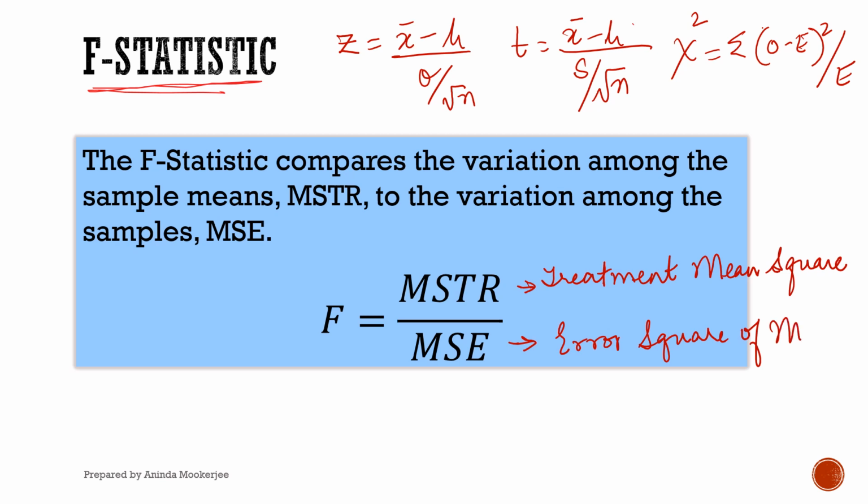Now, MSTR has its own formula, and so does MSE. To find MSTR, we have to run through another formula, and likewise for MSE, we have to run through another formula to first find MSE, and then we can do the division MSTR over MSE to find the F value.